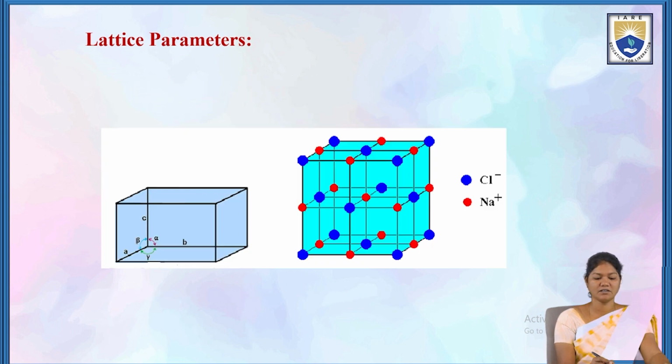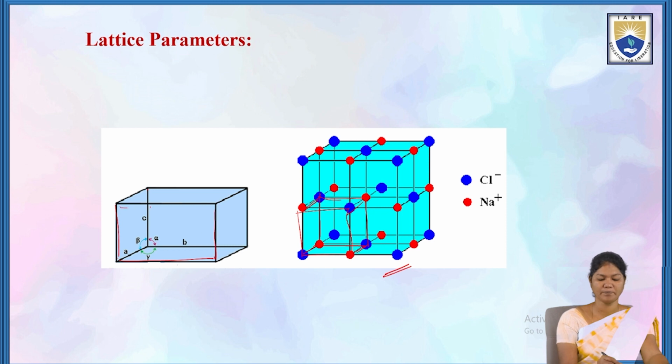Then we can draw the lattice parameters like this. Here this is a sodium chloride crystal in 3 dimensions, and a small part of the crystal of sodium chloride, that is the unit cell, is this one.